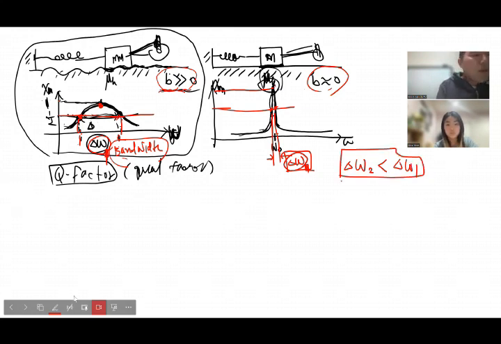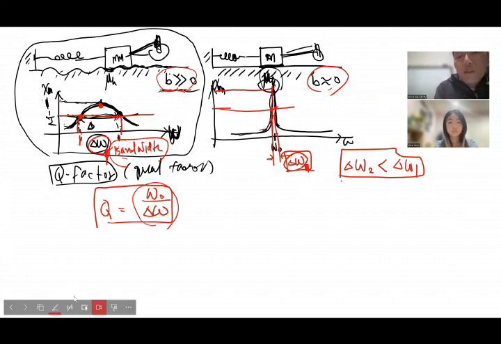So the quality factor is normally just given by this definition. Resonance frequency divided by bandwidth. Okay, so it indicates the sharpness of the resonance. If this bandwidth delta omega is small, then Q is high.